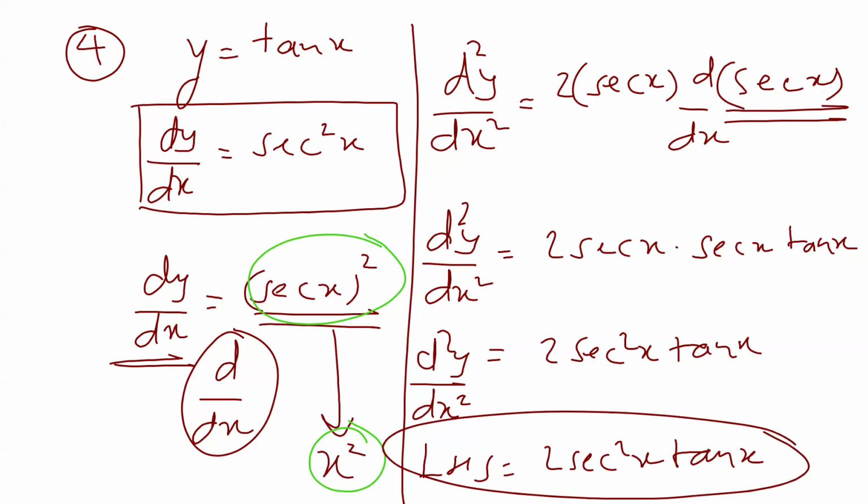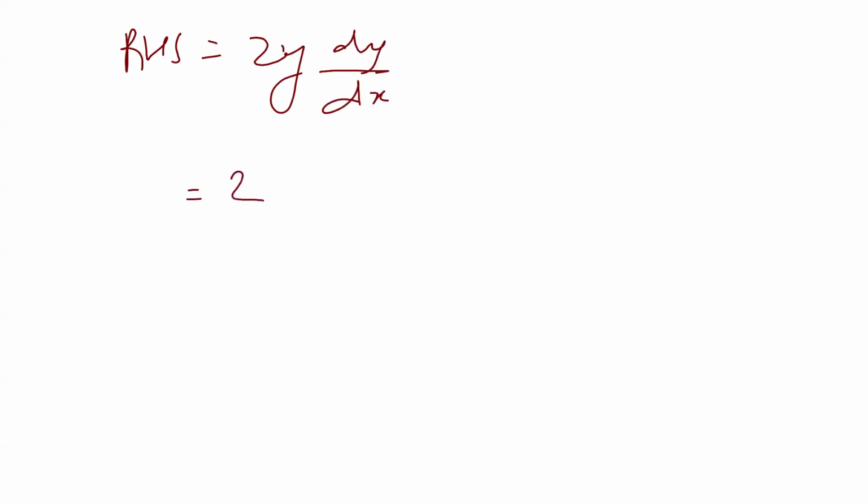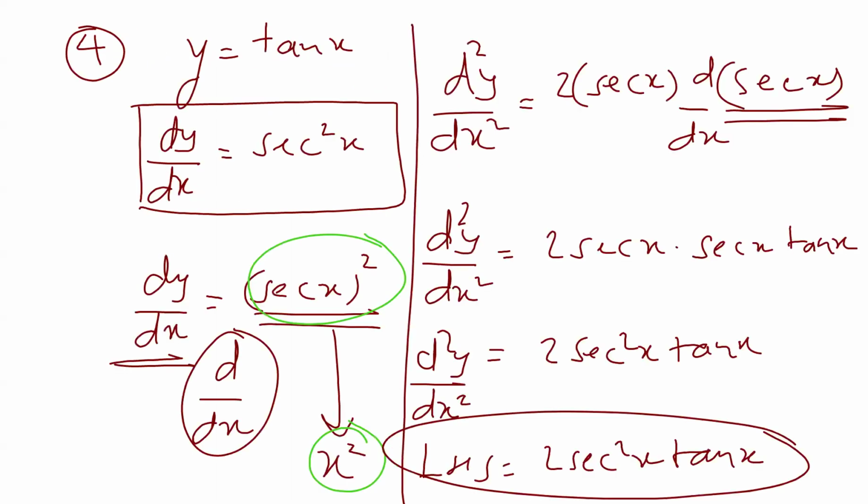So the RHS is 2y dy by dx. Here y is tan x, and dy by dx is sec square x. We have already done that. Now you tell me, is the LHS equal to the RHS?